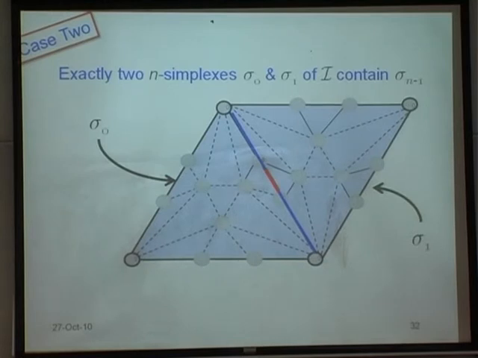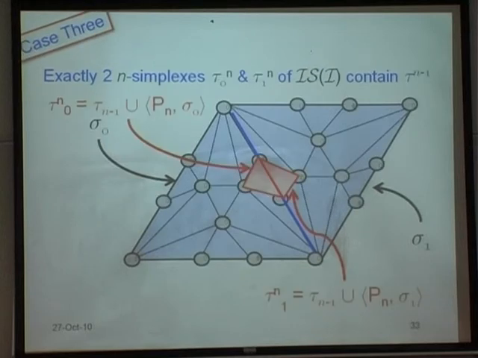Now it turns out, because this is a manifold by hypothesis, and this is an interior n minus 1 simplex, there are exactly two input n simplexes that contain it, sigma sub 0 and sigma sub 1. And so there's exactly two ways we can extend this in a way that's consistent with our rules.